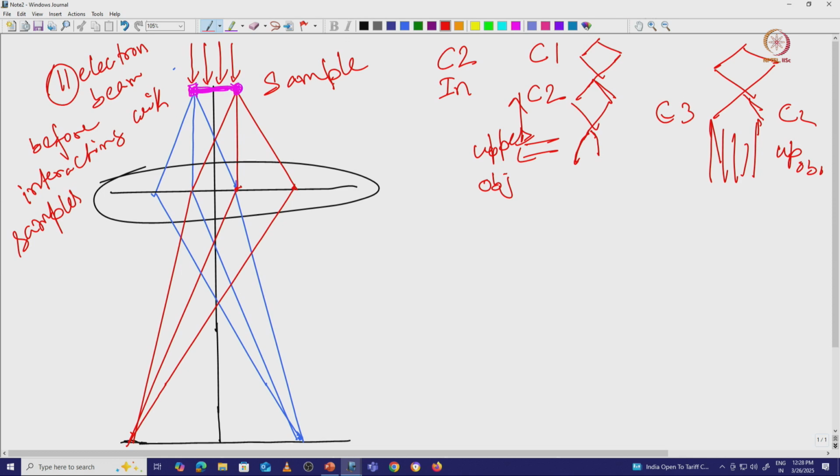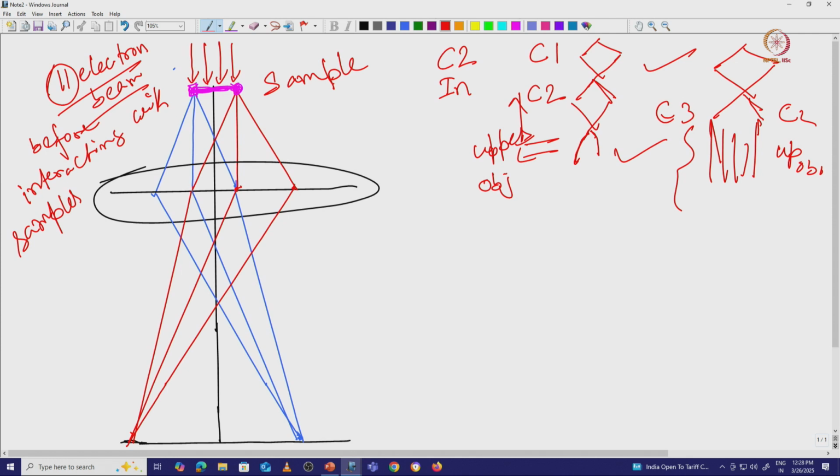We will discuss these things in the next class, not today's class, how we can get the parallel electron beam. Only remember that parallel electron beams are very important when we are doing the imaging, because we do not expect any kind of deviation or scattering of the electron beam before it is interacting with the sample.